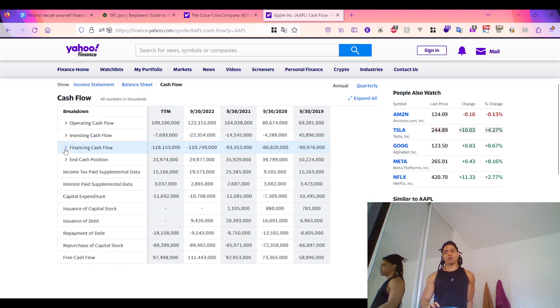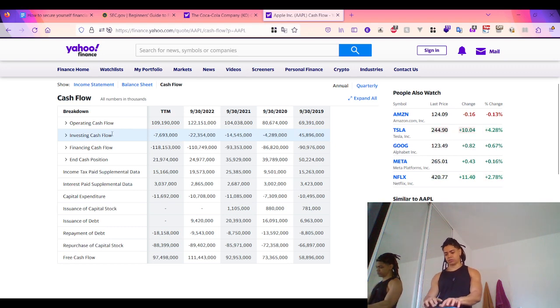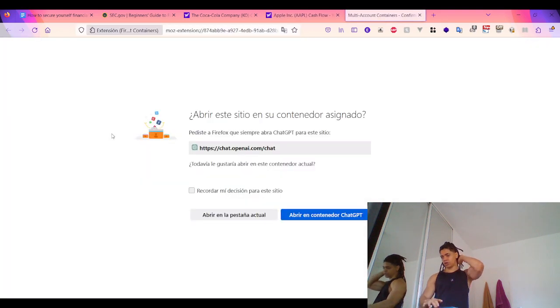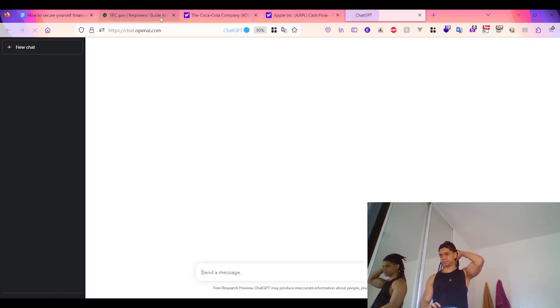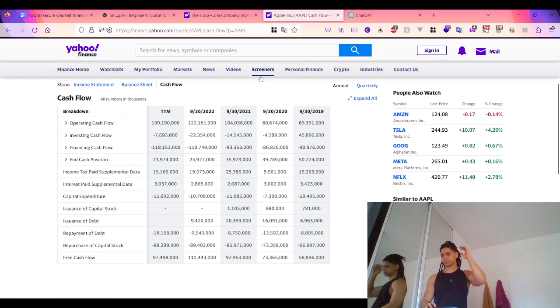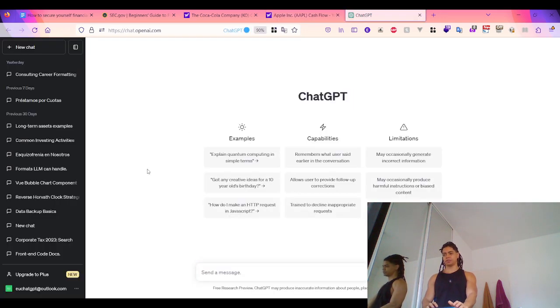And when it comes to financing cash flow, I ask myself, what are the most common activities here?